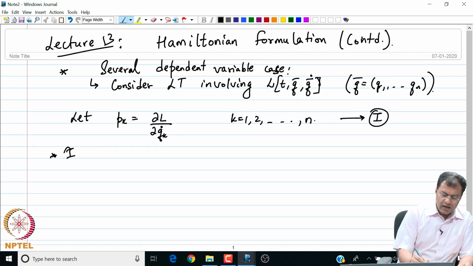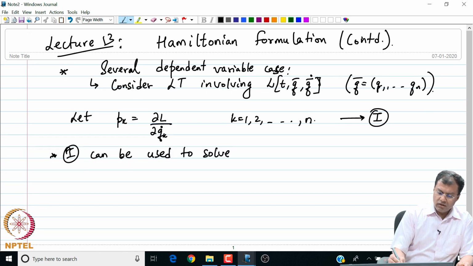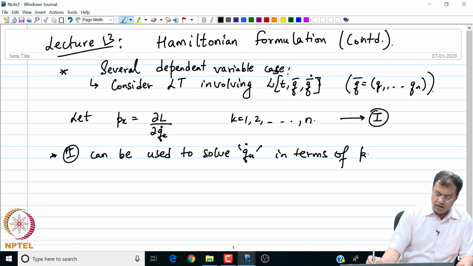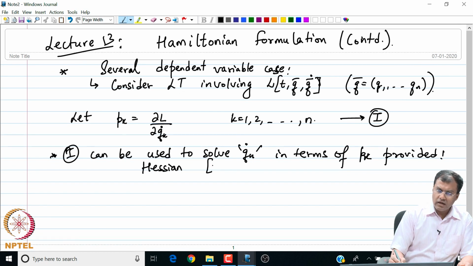So, 1 can be used to solve, it can be essentially inverted, to solve for qk dot in terms of pk, provided the Hessian matrix has a non-zero determinant, where the Hessian matrix M is described by the second partial derivative of L with respect to qi dot and qj dot.